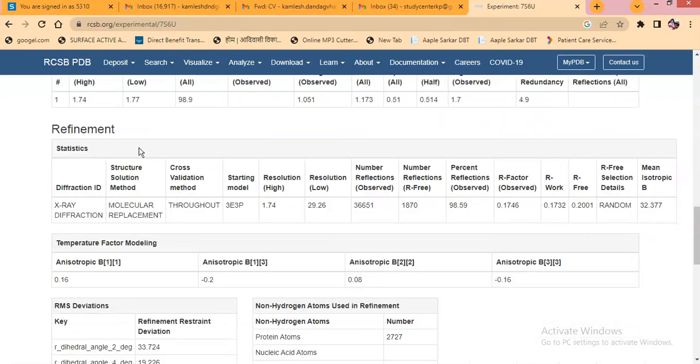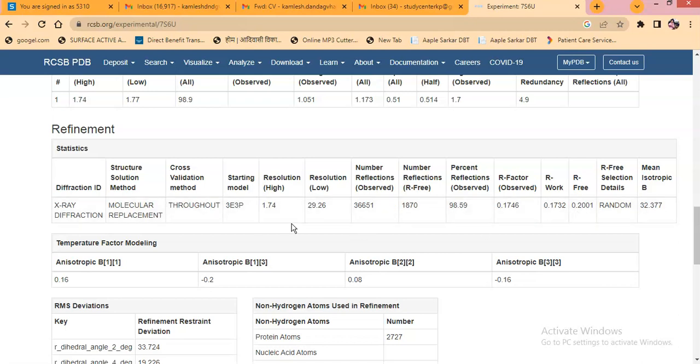This is the refinement. All these values indicate certain qualities of this protein. This R factor is important while deciding the protein. The difference between R value and R observed, or R free and R work, must be the minimum.